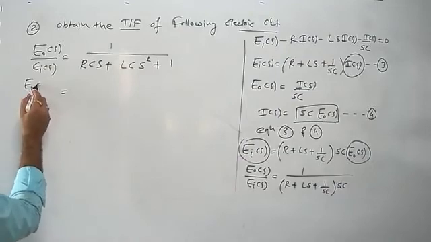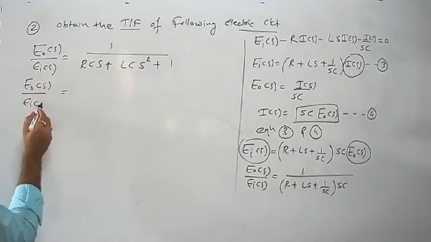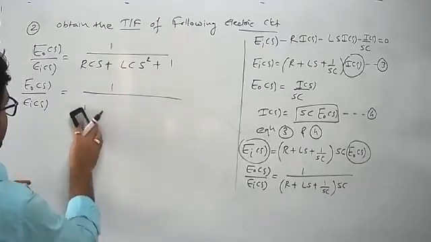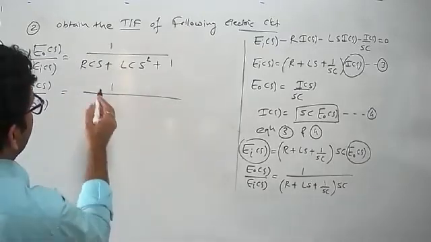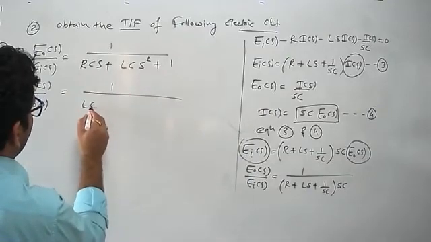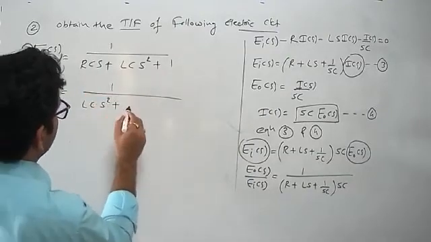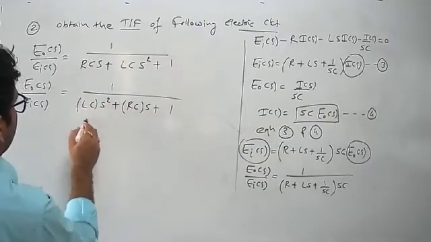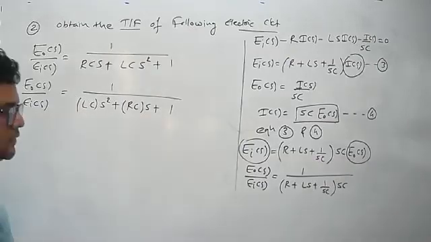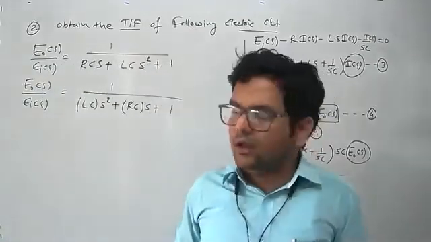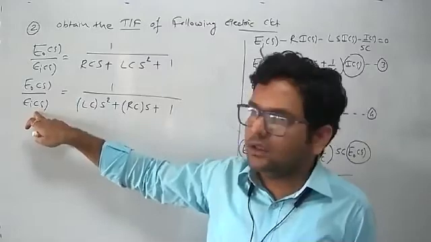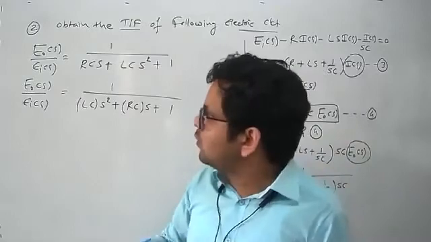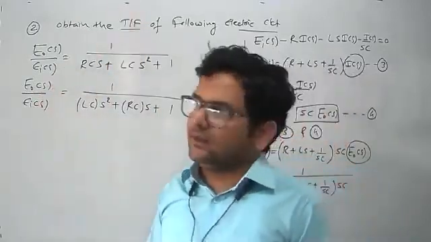Or I can write this as output by input is nothing but 1 upon L into C into S square plus R into C into S plus 1. So this indicates the transfer function of the series RLC circuit, where Ei(t), or you can say Ei(s), is applied as an input excitation to that circuit, and we are trying to calculate the output voltage across your capacitor.